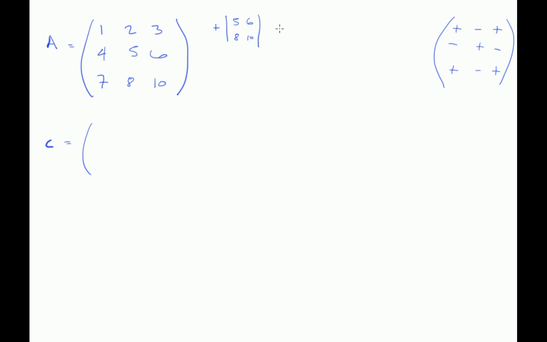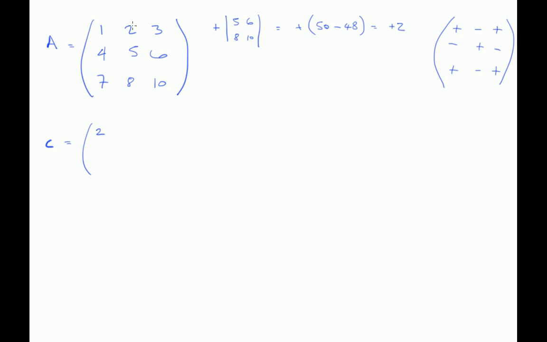So that is equal to plus, and then 5 tens are 50, minus 6 eights are 48, so that's plus 2. Okay.